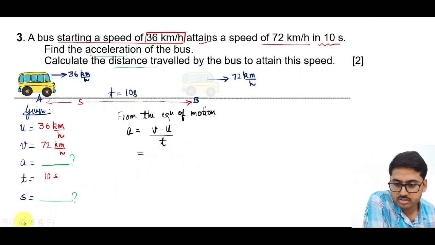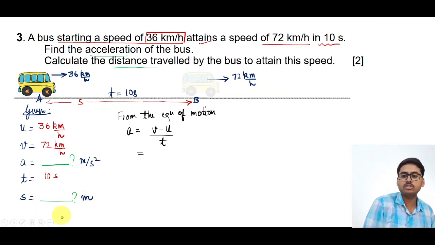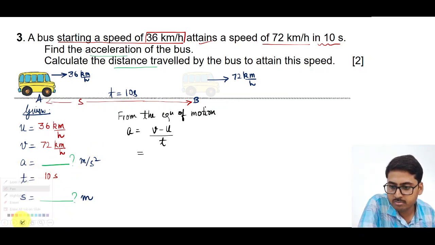The reason is you need to find the units. You are finding acceleration. The unit for acceleration is meter per second square, and for displacement you are calculating in meter. You should be very careful about the units. Now in order to find the acceleration in meter per second square, you need to convert this kilometer into meter and this hour into seconds.